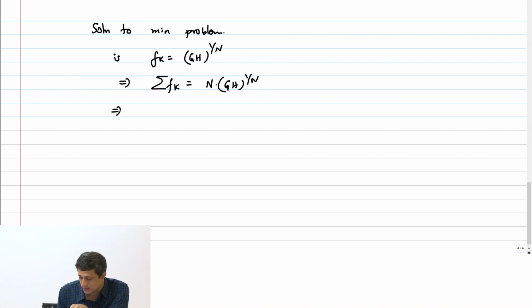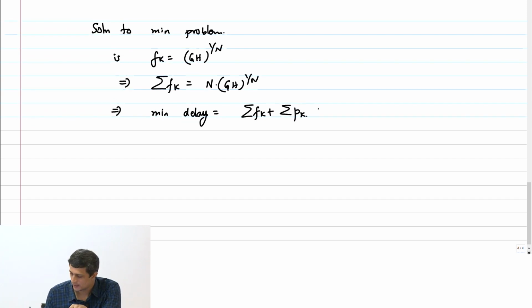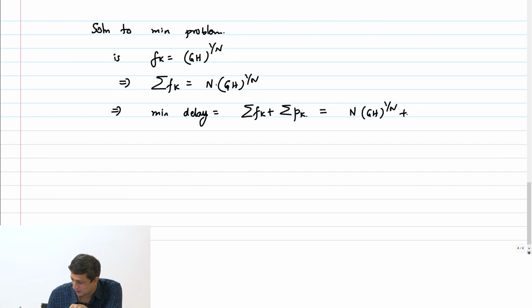Right, which implies the minimum delay, which is basically the summation of Fk plus the parasitic effort, is the summation of Fk plus summation of Pk, which is simply going to be n into (G into H) whole power 1 by n plus P.